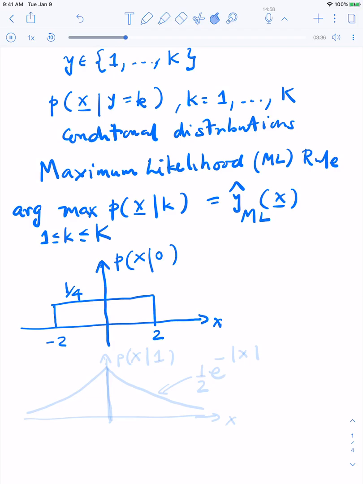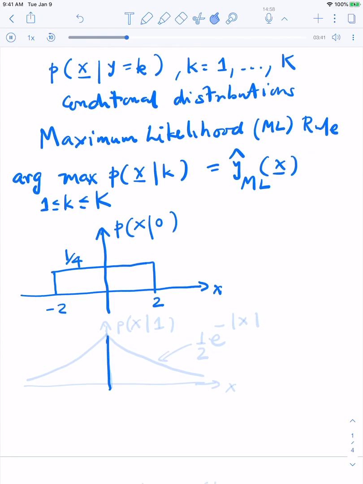That's P of X given 0, and let's pick the other one to be a Laplacian, which is just a symmetric version of an exponential. We'll make it look like this. It's symmetric.